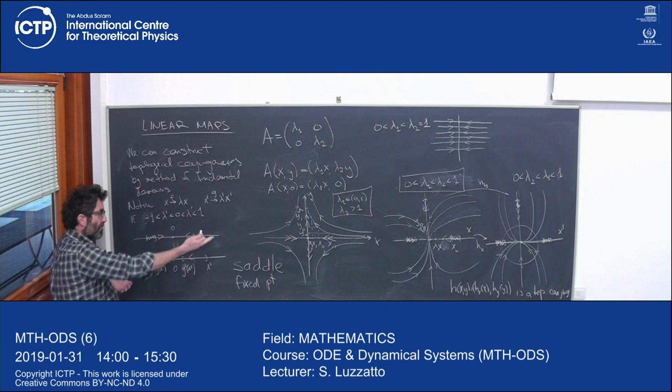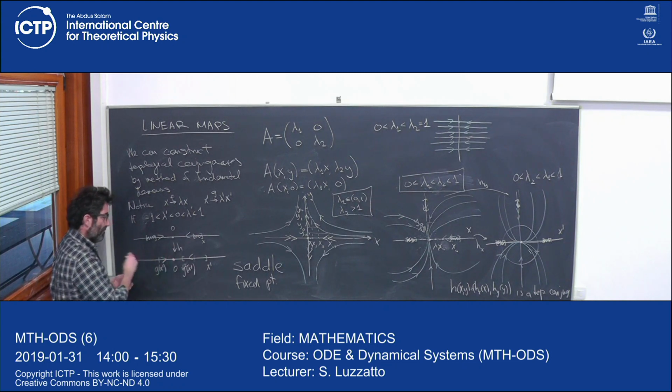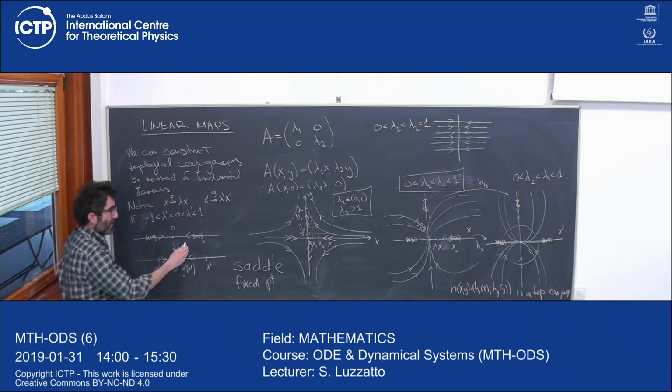This homeomorphism needs to map the real line to the real line. It needs to map 0 to 0. And since it's a homeomorphism, it needs to be monotone. So it needs to be either orientation preserving or orientation reversing. And it needs to map orbits to orbits. I think it's as simple as that.